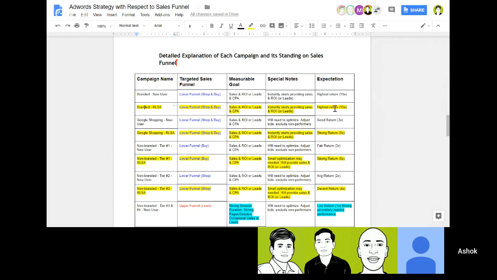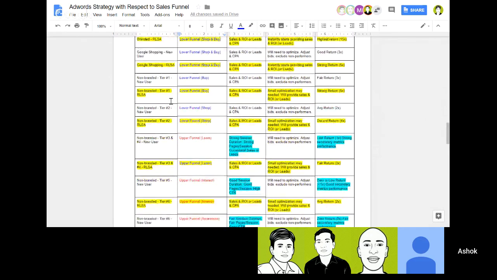The branded RLSA will most likely give 15 times return because that's branded and then RLSA. Google Shopping new users, its return is low most likely, and remember this will only come up after optimization of 1 or 2 months. So good return at least 3 times after optimization. Google Shopping RLSA holds better, stronger return than the new user. And once again, all of this falls under lower funnel.